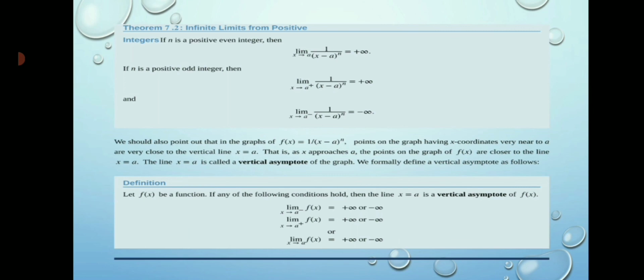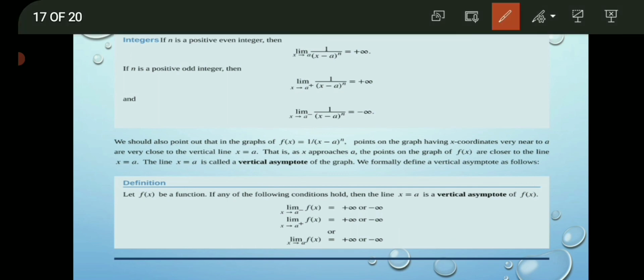So definition: let f of x be a function. If any of the following conditions hold, then the line x is equal to a is a vertical asymptote of f of x. So here, the limit as x approaches a from the left of f of x is equal to positive infinity or negative infinity.